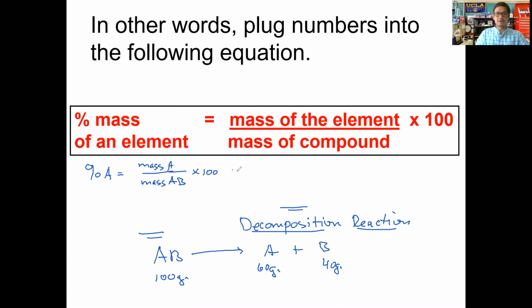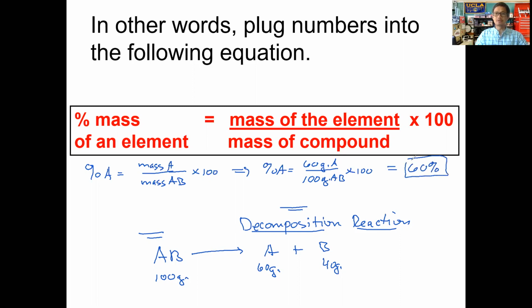Okay, so plugging those values in, let's go ahead and take a look at this. The percentage of A then is going to be 60 grams, because that's what we had when we decomposed it, over 100 grams total of AB, times 100. If you do that, you're going to recognize that the percentage of A is going to be 60%.